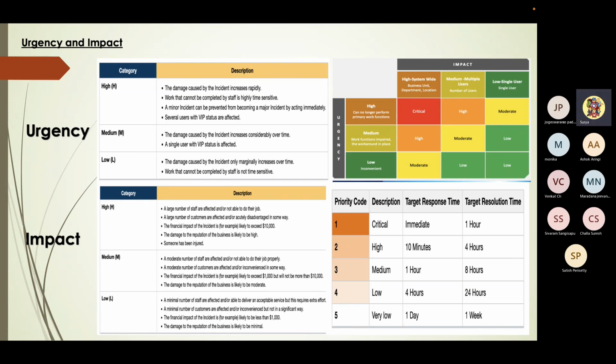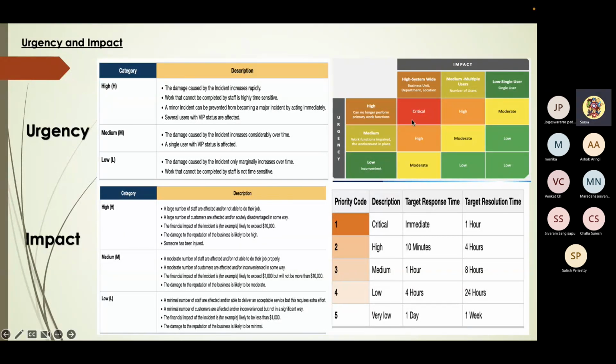I will give plenty of scenarios for each. When we summarize both urgency and impact, we will go through multiple incidents which fall under P1, P2 and P3. As an incident manager, you should be capable enough to check whether it falls under high or low properly.